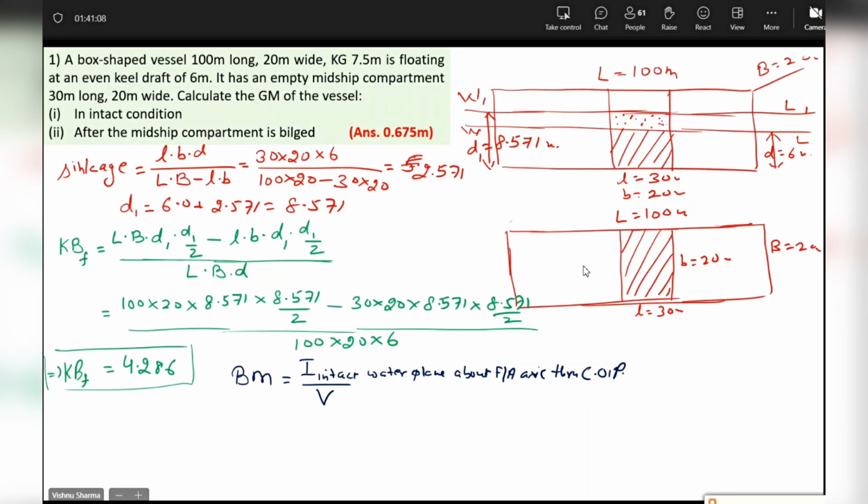Yes or no? You remember that? Yes, sir. Volume of displacement. It was not intact volume, underwater volume. Why are you adding? I don't know whether you've written the formula or not. Suddenly you start changing the track. V is the volume of displacement is what was taught there, right?